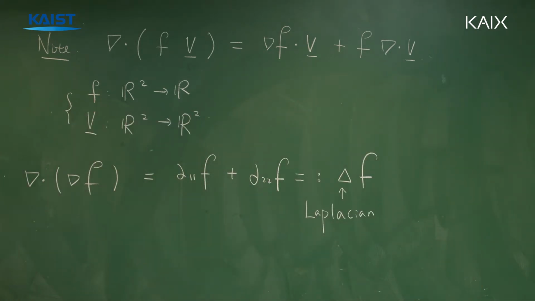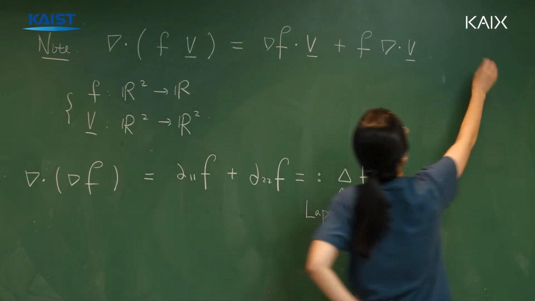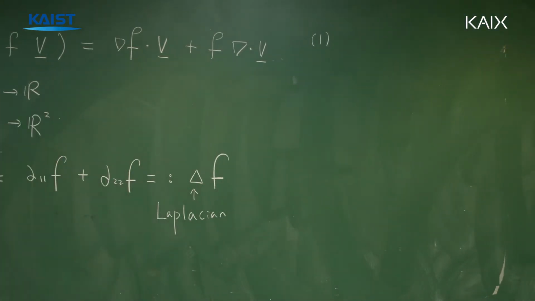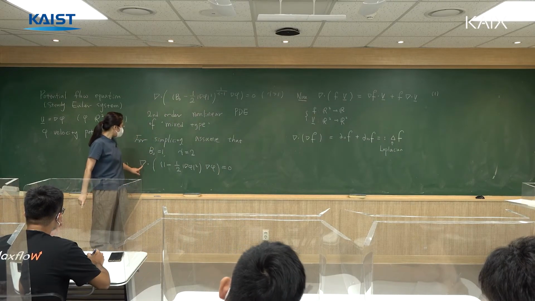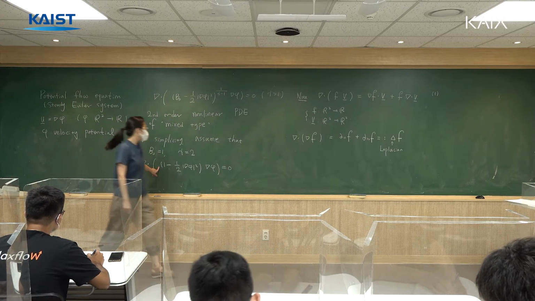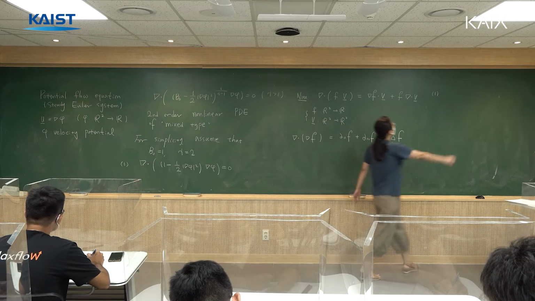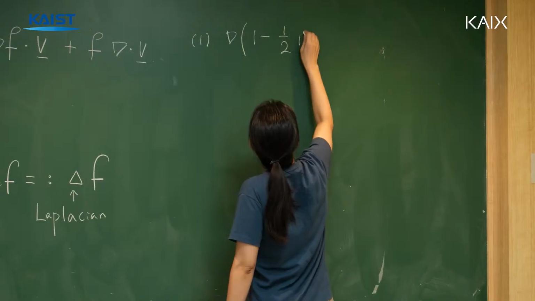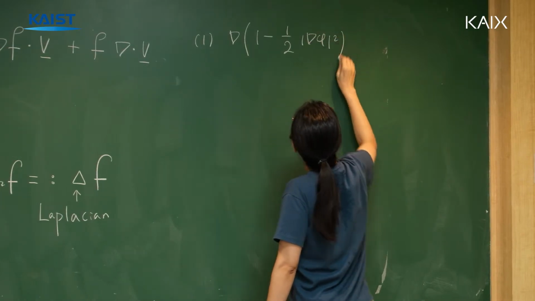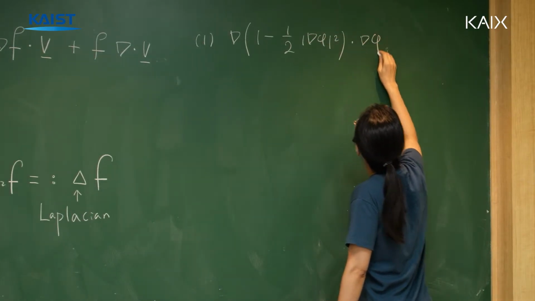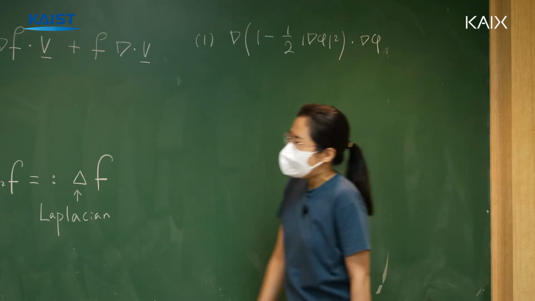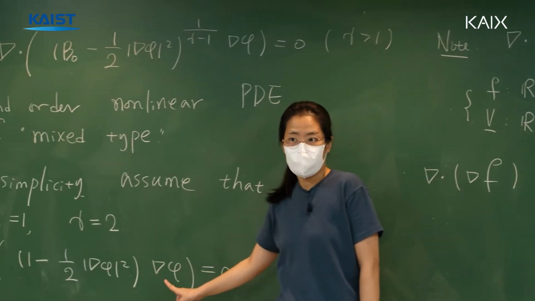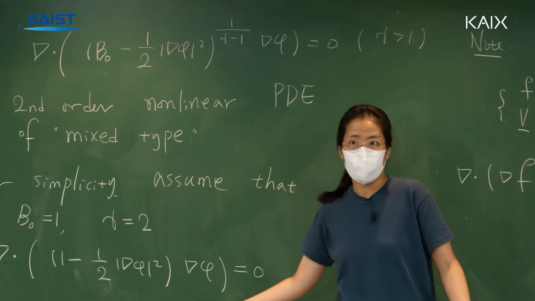Now that we have these two rules, we are going to apply them here. If you apply the product rule, then equation 1 becomes, by the same business, first take the gradient into here. Then you have the gradient of this one times the gradient of phi. That's the first part. And then when the divergence finally hits the gradient here, it becomes the Laplacian that I just talked about.